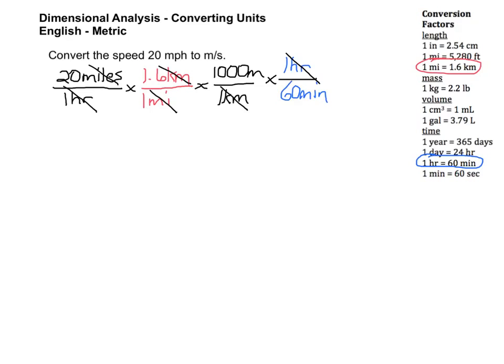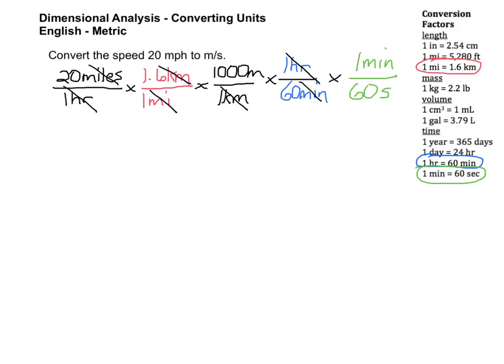Our final step will be to cancel the units of minutes and get into seconds. So we'll be using this conversion factor. Now in that step, we want to cancel minutes, and minutes are in the denominator here, so we're going to put 1 minute in the numerator and 60 seconds in the denominator.